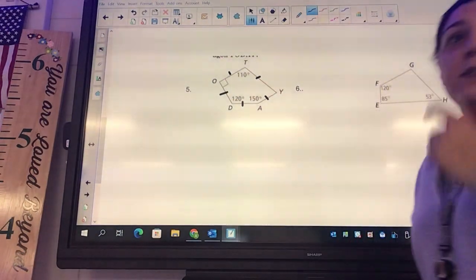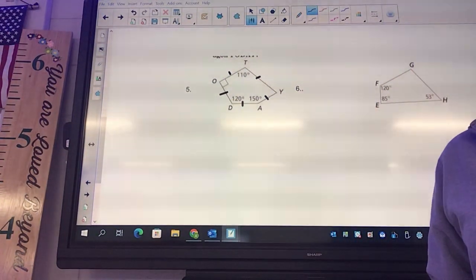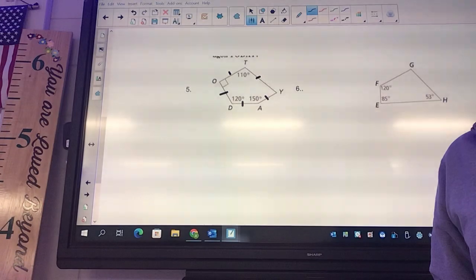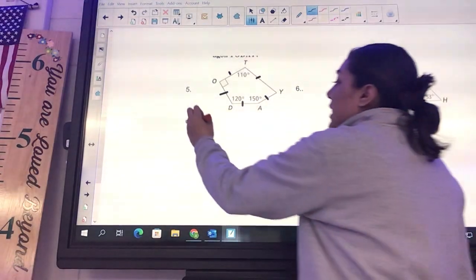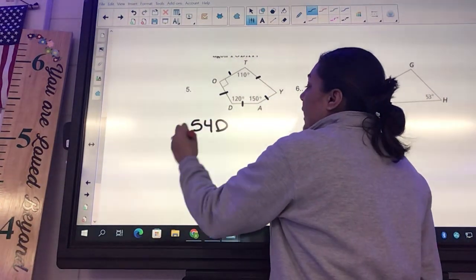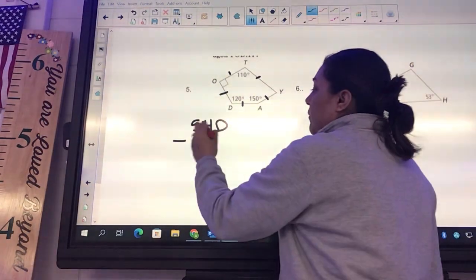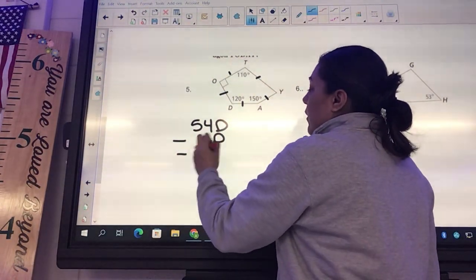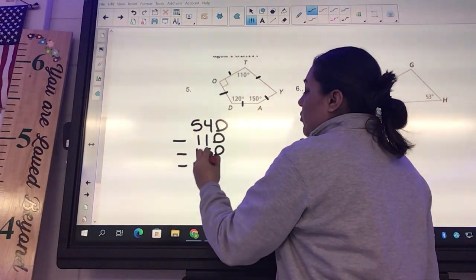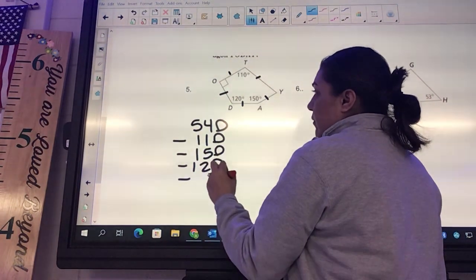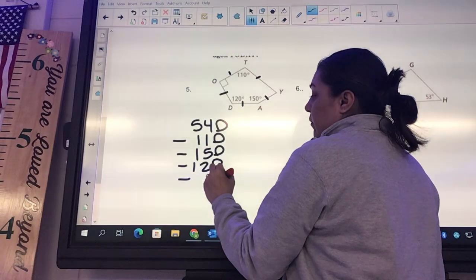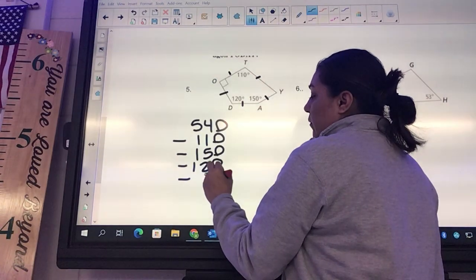So what's 5 sides equal? 540. So you're going to say 540 minus what? 110, 150, 120, and what's the last one? 90. Good.